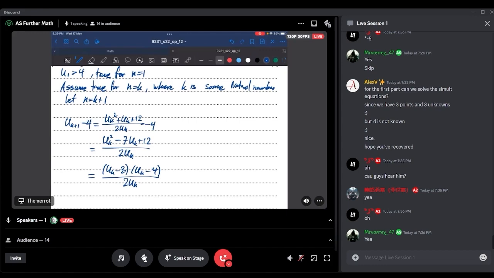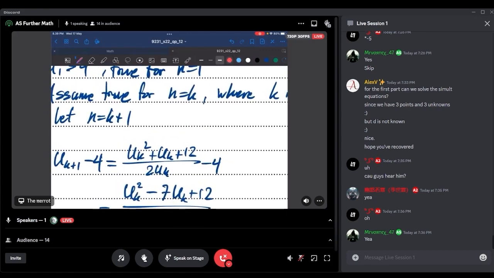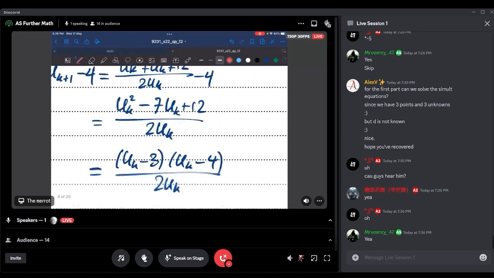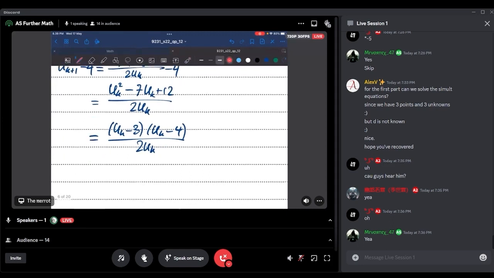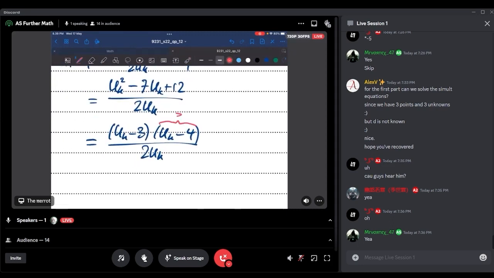That's our assumption right here. So if uk is greater than 4, this is positive, because 4 minus 3 is still positive, and surely this is also a positive number. Therefore, this whole thing is positive.